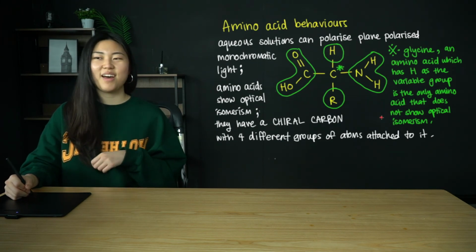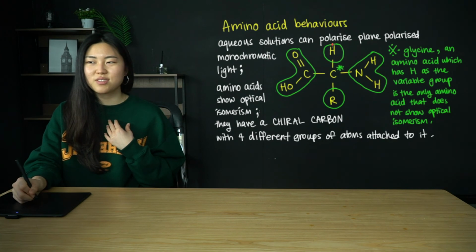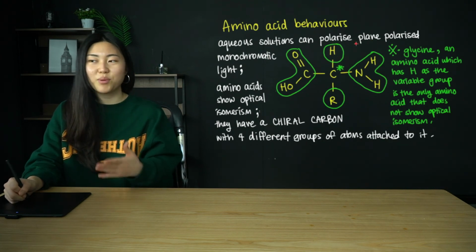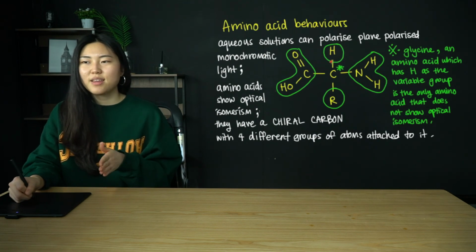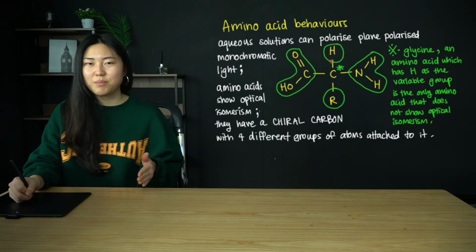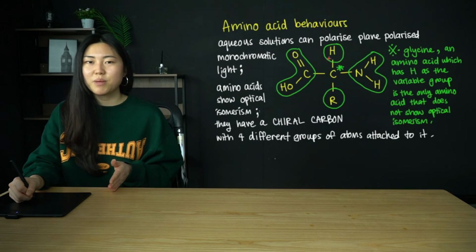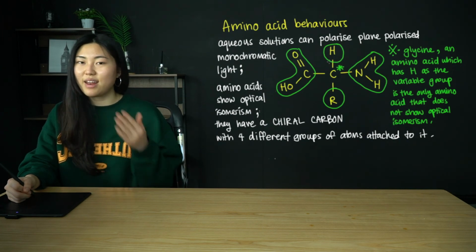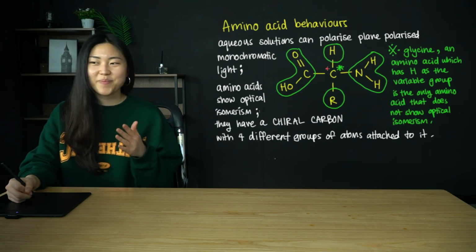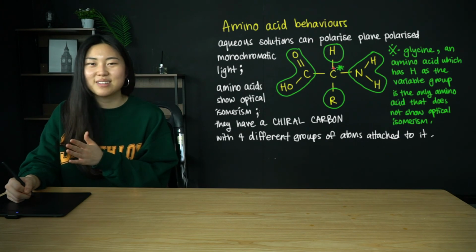So yeah. And also the aqueous solutions, it says they can polarize plane polarized monochromatic light, but that is when we don't have a racemic mixture. So a racemic mixture means that we have 2 equimolar amounts of the enantiomers, and enantiomers are the 2 different optical isomers.